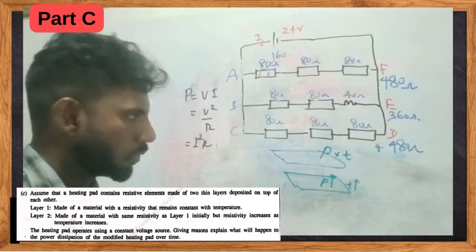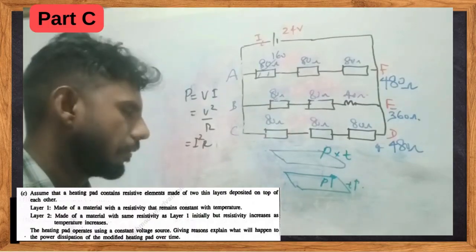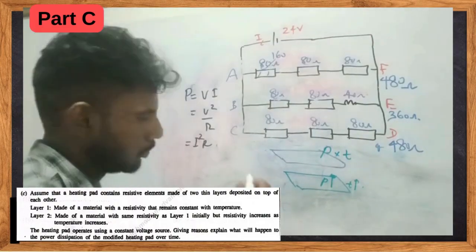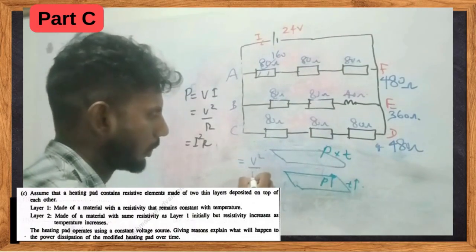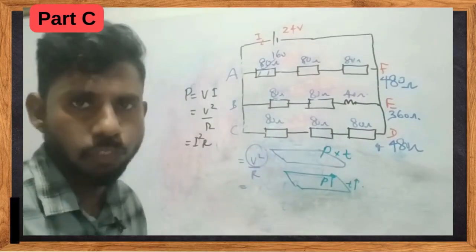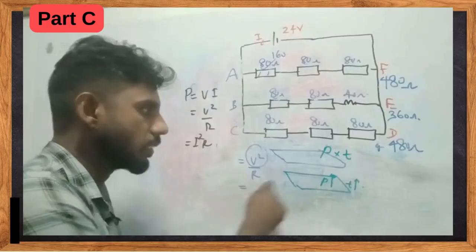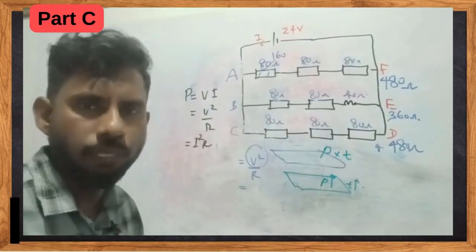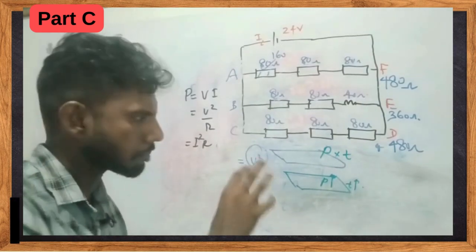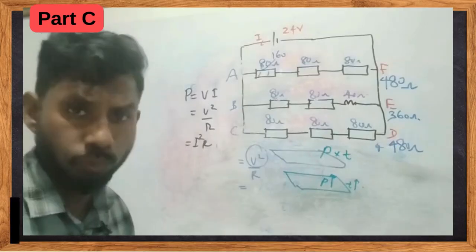Right. So simply what is actually happening here, students, is they are asking about the power. So what's the power equation? V squared over R. So V of course will not change because they are telling us it's a constant potential supply. So resistance here, when current goes through the material, it gets heated because of Joule heat.